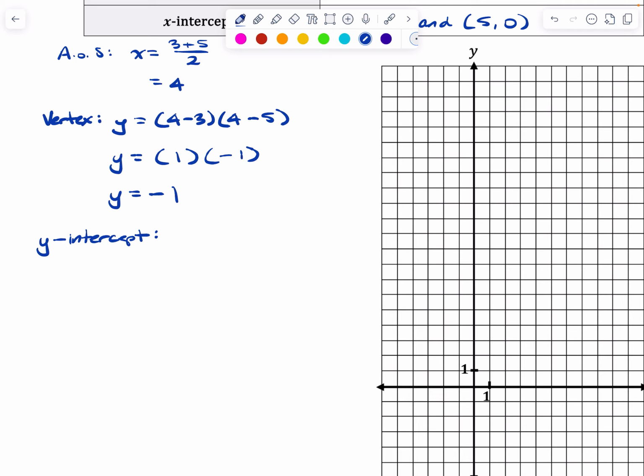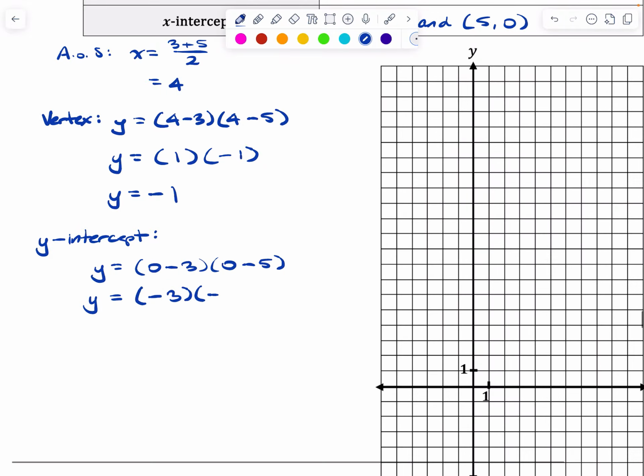So then y would be equal to 0 minus 3 times 0 minus 5, which is -3 times -5, which is overall 15. Pretty high up there. Let's fill that in.